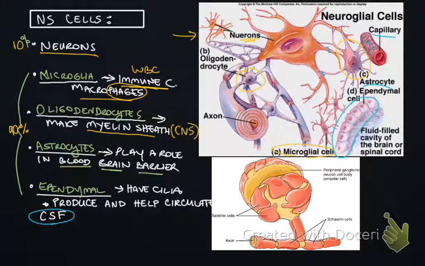Now, this is where those ependymal cells are located, and they produce the CSF. So make sure that you know these cells and what they do. So put a star by that, because I will definitely ask you what they do on the exam.